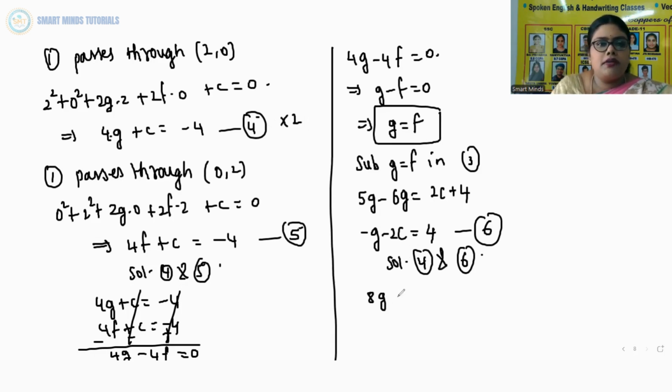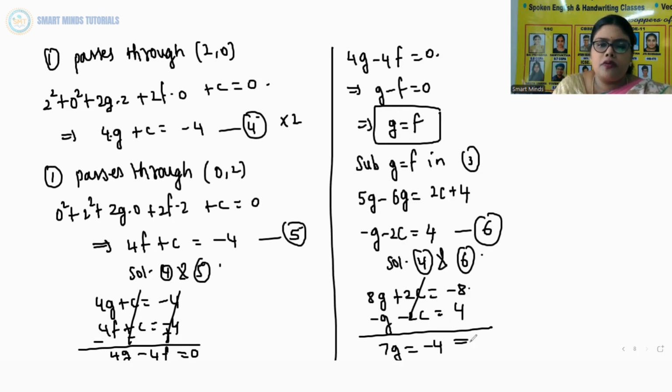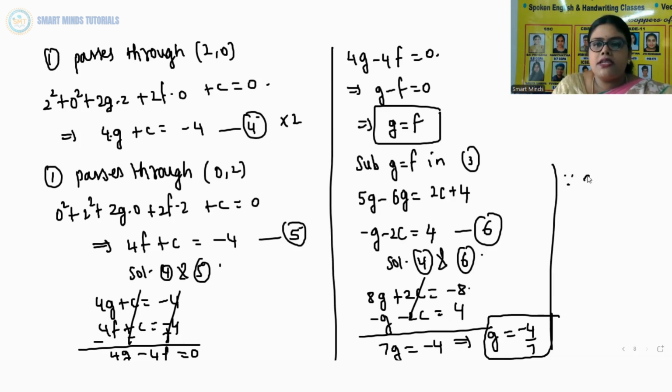So 8g plus 2c is equal to minus 8, and here I am writing as it is. Now plus 2c minus 2c cancel. 7g is equal to minus 4. So g is equal to minus 4 by 7. But we know that g is equal to f, so f is also minus 4 by 7.